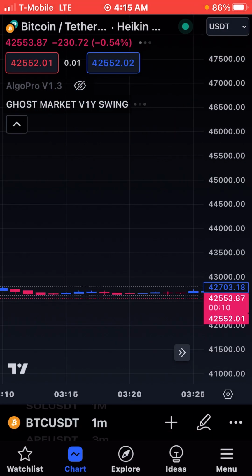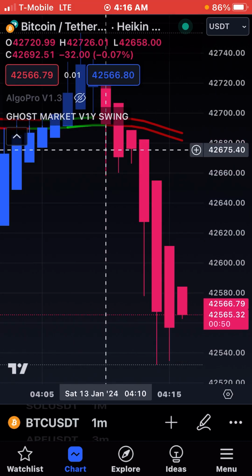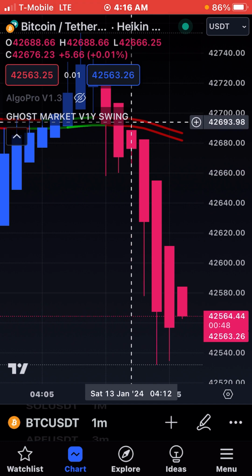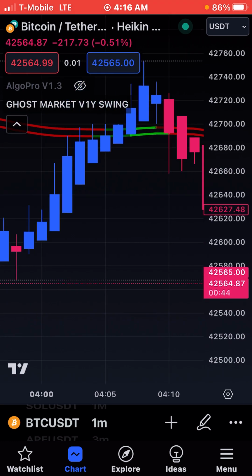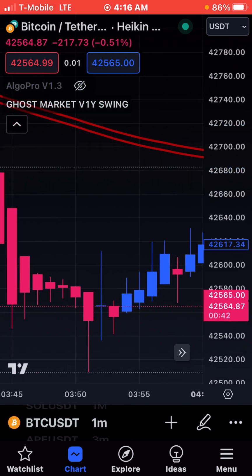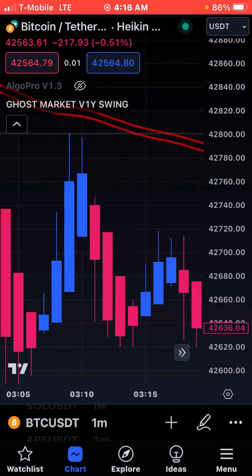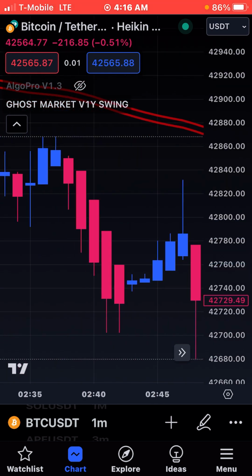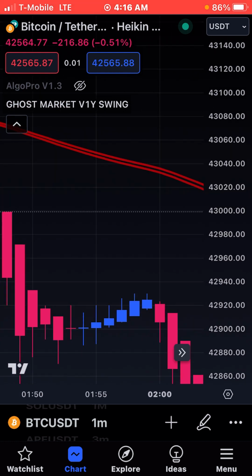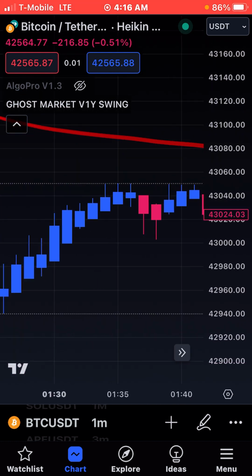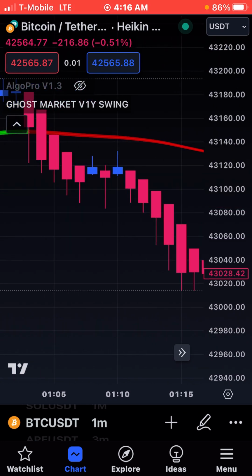Let's check this real quickly on the 1 minute. As you see what's happening right now, that's red and it's spacing. So it's a downtrend right now is what we are seeing on the 1 minute. So what you want to look for really is, first it has to change from either red to green or green to red. And then you have to look at the spacing between the lines, because the lines pretty much will tell you the momentum of where it's going to be going.